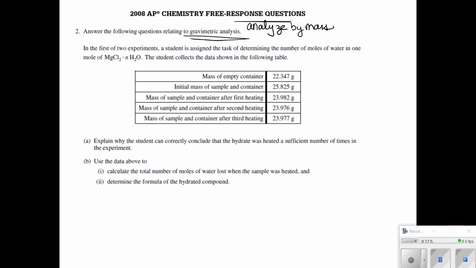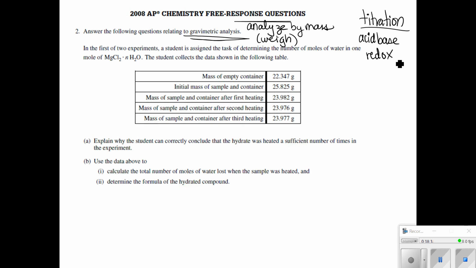So that's what gravimetric analysis means, is that you're going to weigh stuff. The other main lab technique we use to analyze an unknown is titration. So your two main techniques are gravimetric analysis, which is weighing, and titration. And titration, you can either do an acid-base titration, or you can do a redox titration.